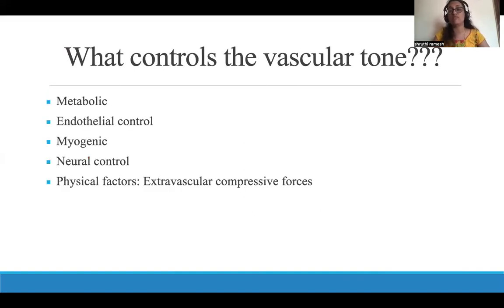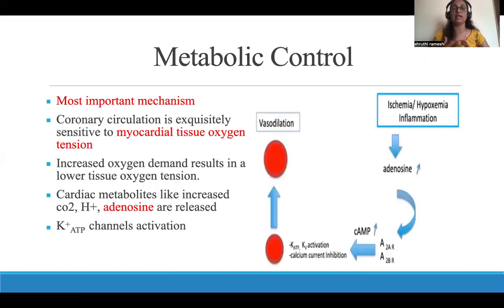Actually, what controls the vascular tone? There are many factors which influence the vascular tone: metabolic, endothelial, myogenic, neural, and physical factors. Coming to each in detail, the most important is the metabolic control. The coronary circulation is extremely sensitive to myocardial tissue oxygen tension.